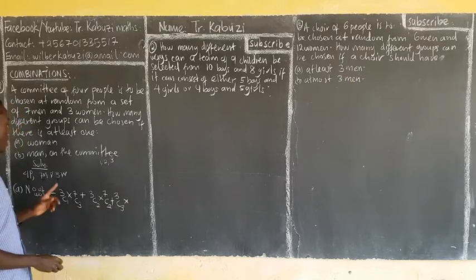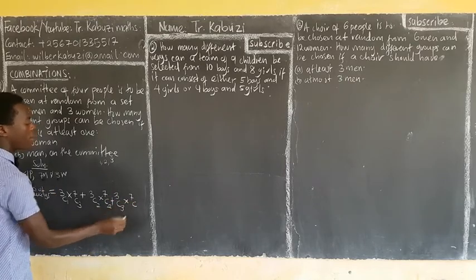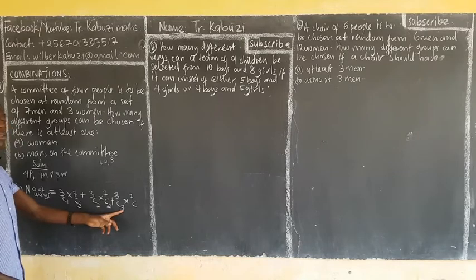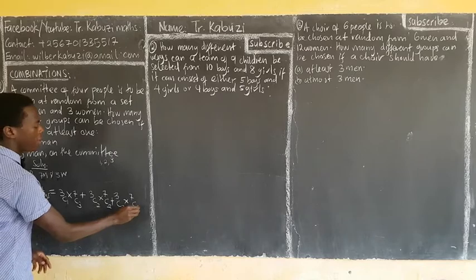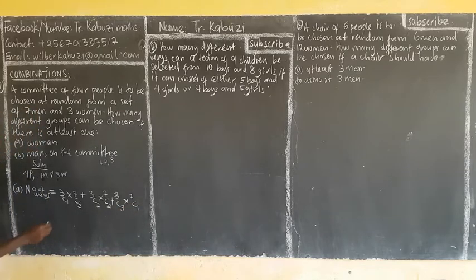Then times, the committee requires 4, so if these are 3, I have a balance of 1, so I pick it from the 7 men. And the answer here is 175. You can form 175 groups if every group has at least 1 woman.